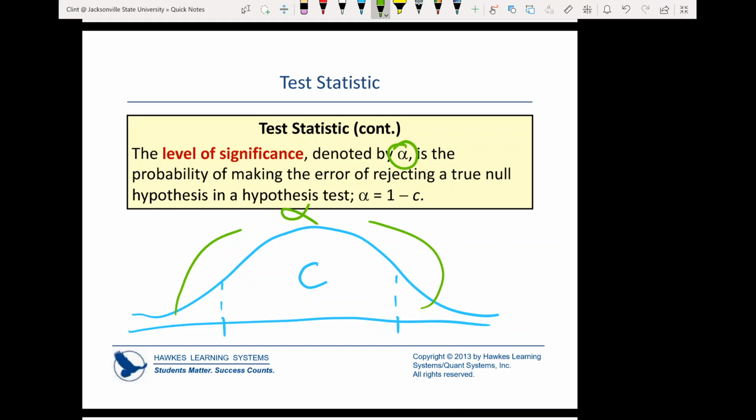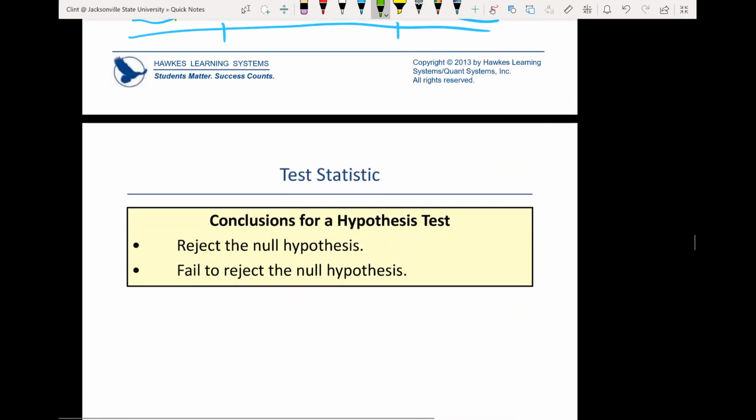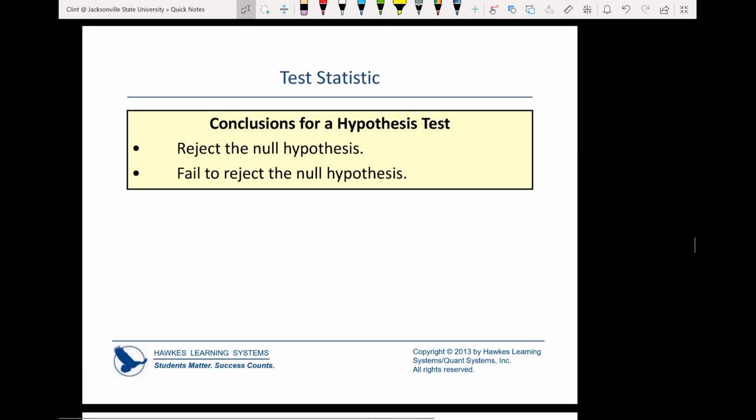And then the idea is we've collected our data, and we've got this idea of statistical significance now. So if we get a test statistic that's outside of the range of values we expect if our null hypothesis is true, so we get some unexpected data based on our assumption at the beginning, then our decision would be to reject the null hypothesis.